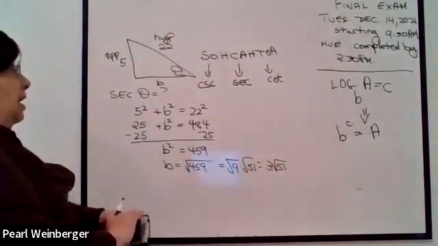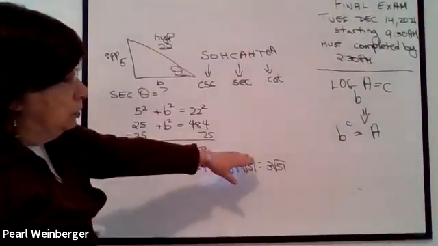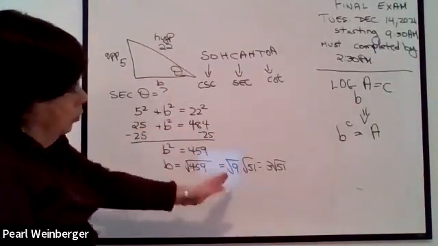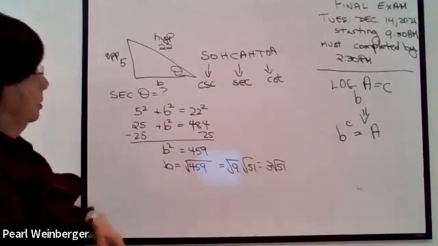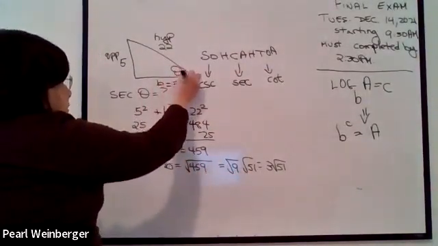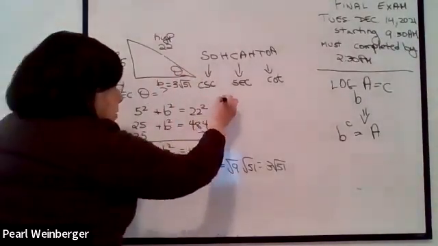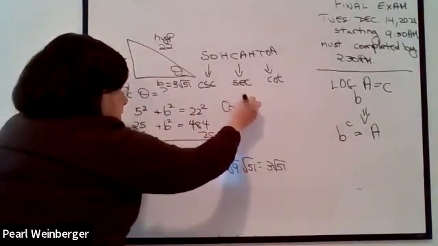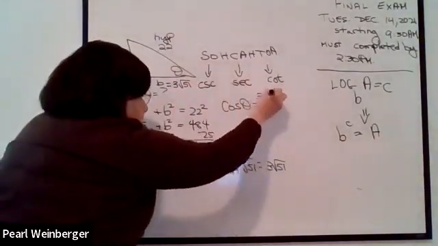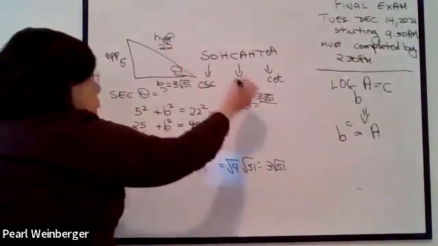In other words, I asked for this in the simplest radical form. So I have to remember to try and break up my number so that one number is a perfect square. So this is my 3 radical 51. Now the cosine of theta is adjacent, which is 3 radical 51, over hypotenuse, which is 22.